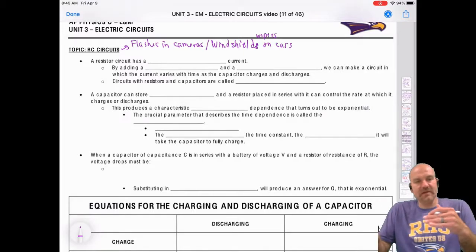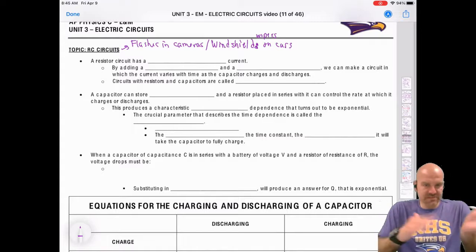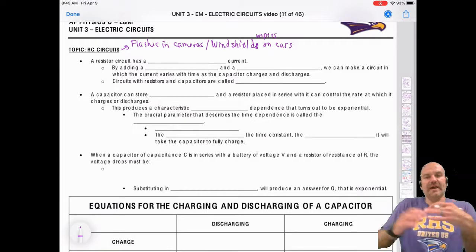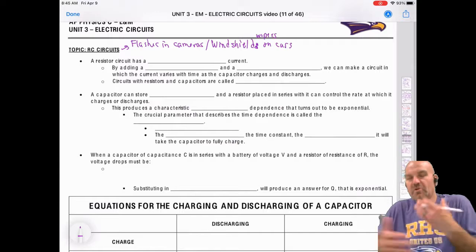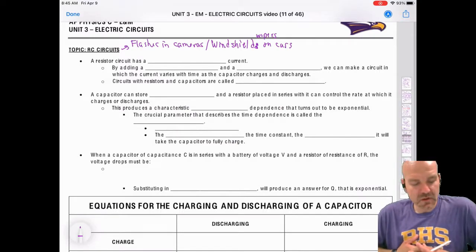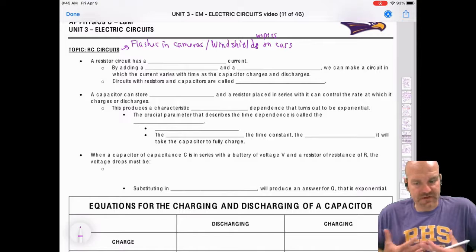Once it makes its pass, it stops, charges, discharges, charging, discharging. And so you change the dial to tell it how much time you want, or really how much charge you want to sit on it, and for it to actually discharge.